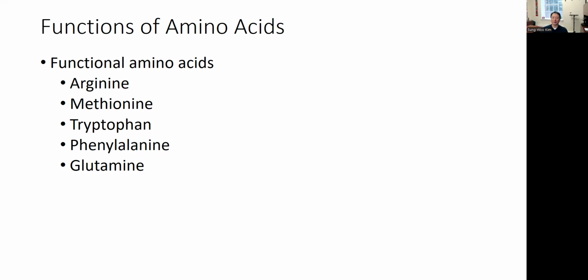The price is dropping as more manufacturers are making more arginine. All these amino acids are mainly made from bacterial fermentation, using the bacteria called Corynebacterium glutamicum, except for methionine. We'll talk about that later too.